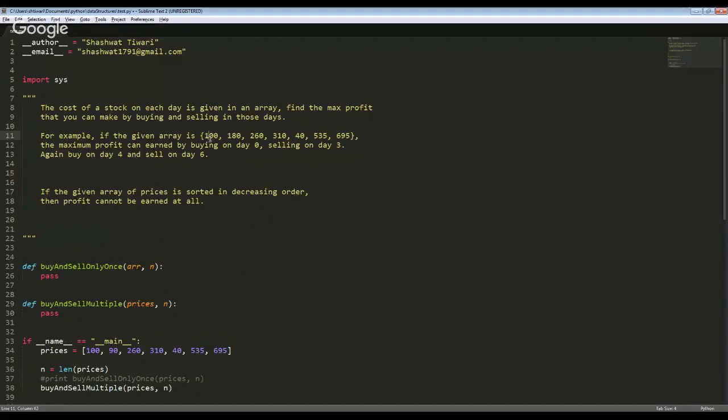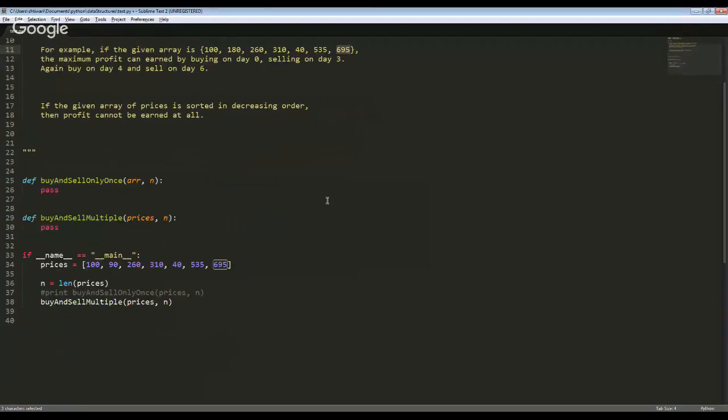In this example, you would be buying the stock on day 4, that is at rupees 40, and then selling the same stock on day 6, that is at 695 rupees, right? So your total profit earned would be 655, right?